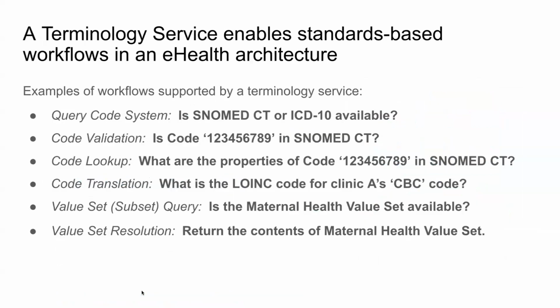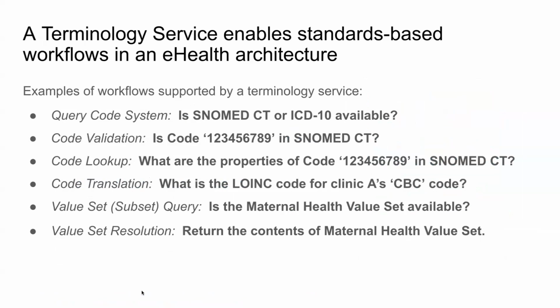So what are those behaviors then that a terminology service makes available to an HIE? At a high level, there are a number of questions that you might want to ask about your codes and definitions and mappings. So what are some examples of that? First you could say, I know ICD-10 is used as a code system for diagnoses. Is that available in this architecture in my HIE?